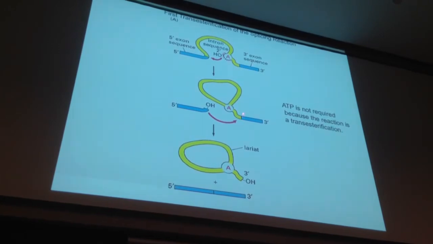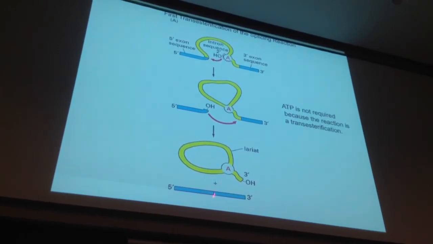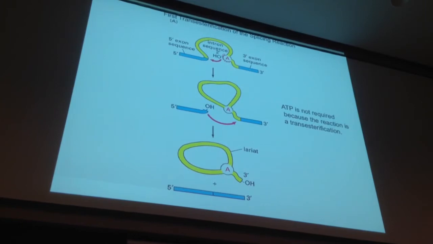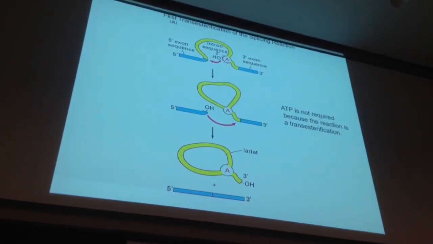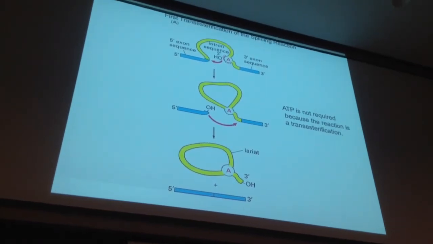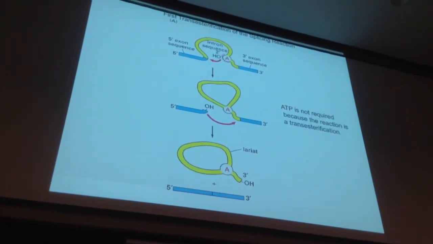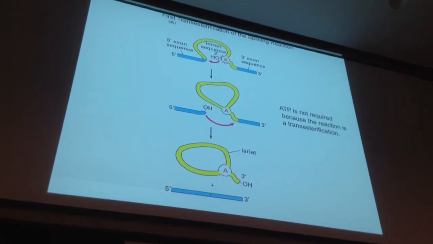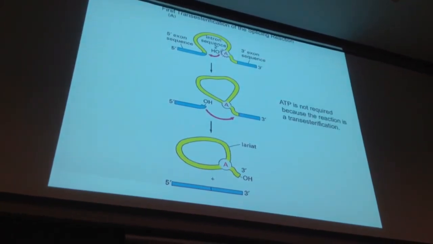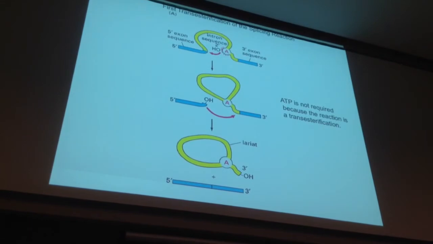The energy of this ester linkage is transferred to the energy of this ester linkage. So there are two ATP-independent transesterifications that lead to the formation of the new bonds in the lariat and in the two exons that are put together. Does everybody see that? Does anyone have a question?